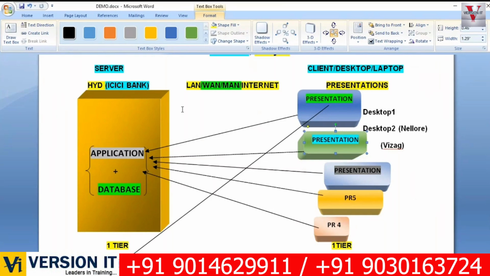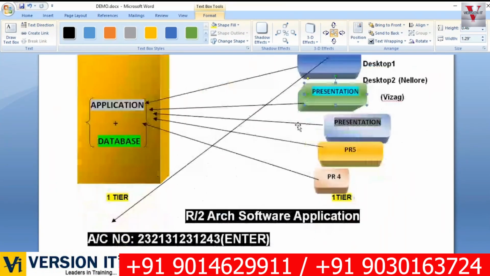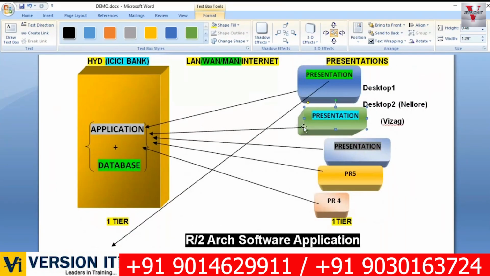So tomorrow, the ICICI owner has decided, I want to increase the business. To increase the business, what will those people do? They will open branches in every district of Andhra Pradesh and Telangana. Everywhere they have opened branches.